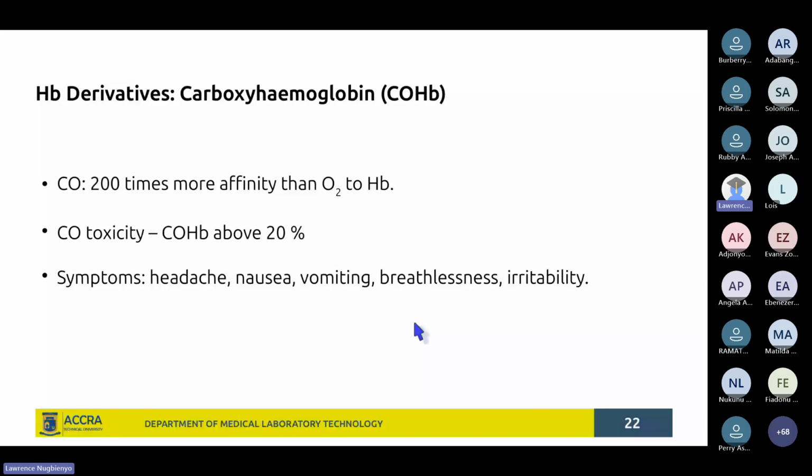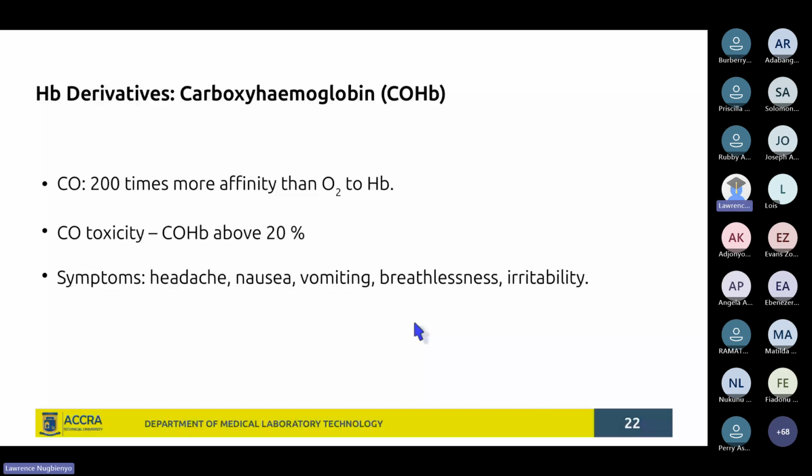In fact, carbon monoxide has been known to have 200 times more affinity for the hemoglobin molecule.